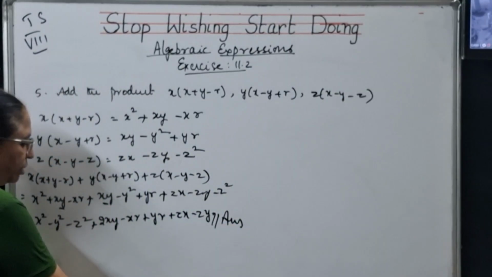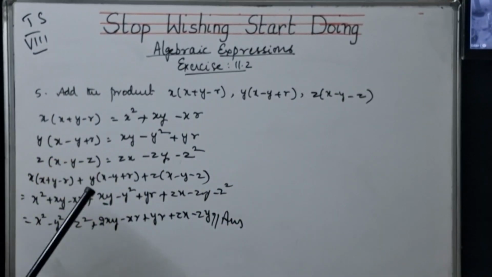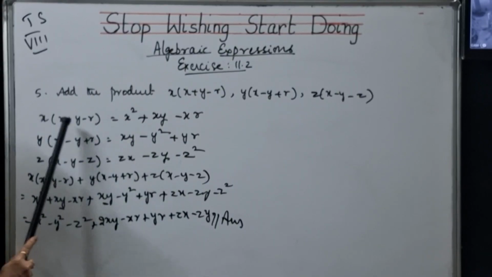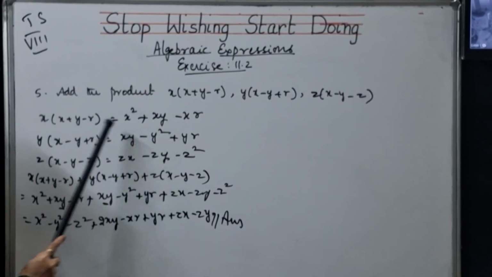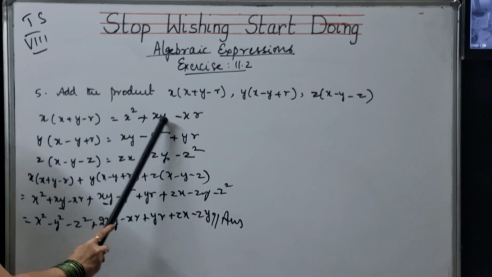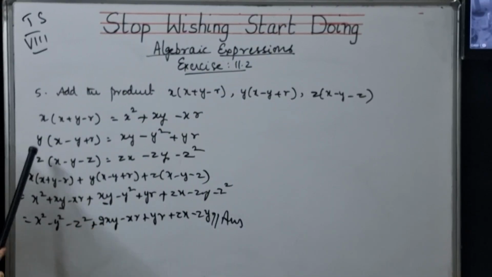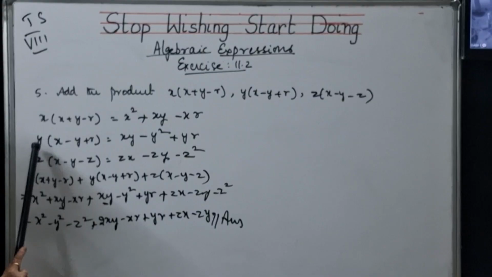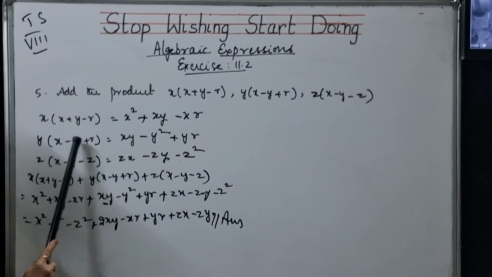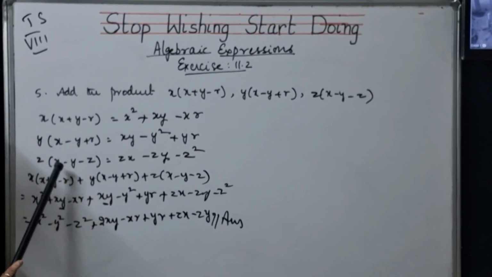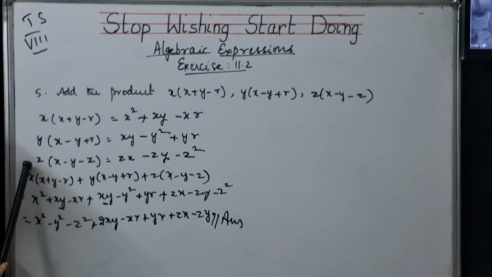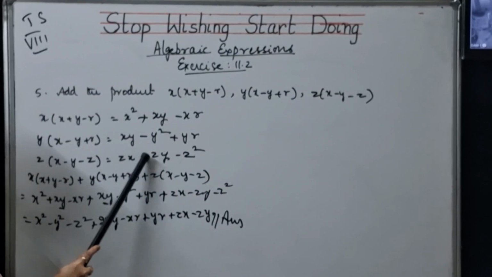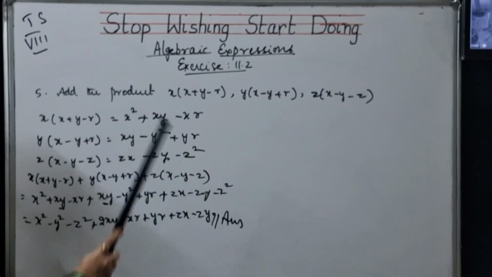So when you multiply, what we got? X into x, x square, plus x into y, xy, minus plus into minus is minus x into r, xr. Y into x is xy, plus into minus minus y into y, y square, plus yr. Z into x, zx, plus into minus minus z into y, zy, plus into minus minus z square.